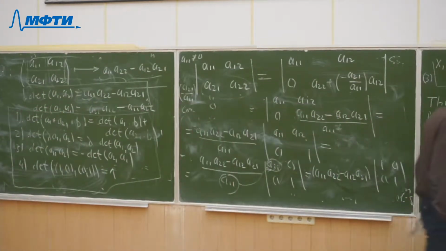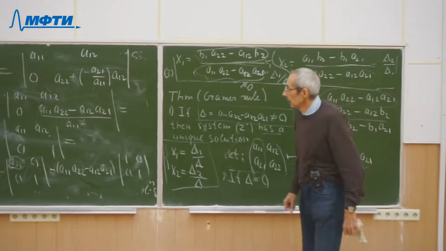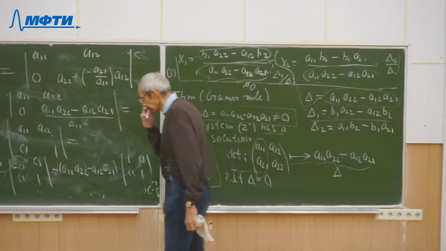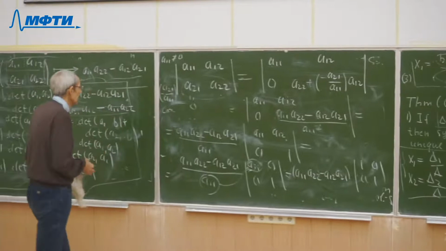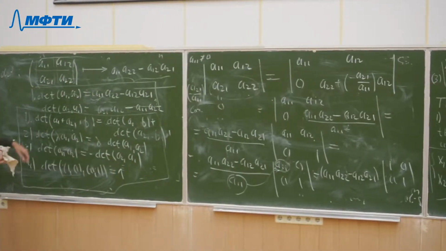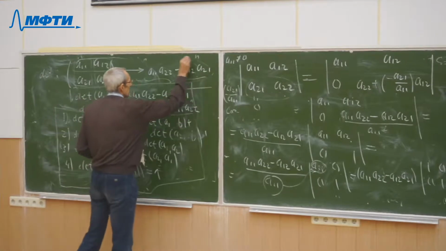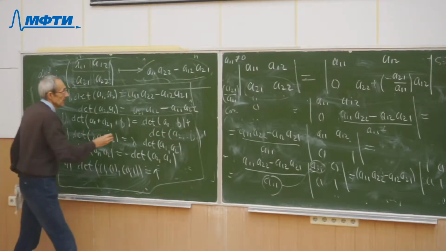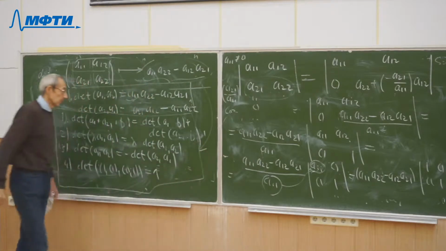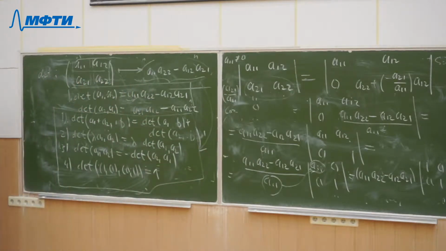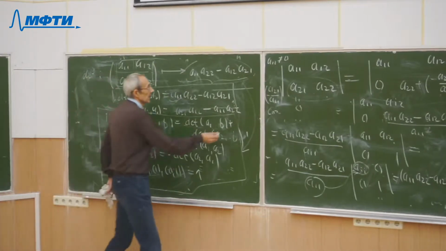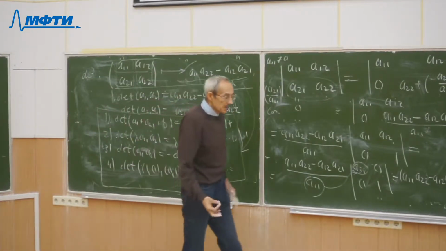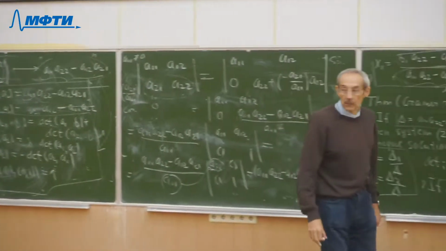And after that we can summarize the following two assertions. If we define the determinant by this formula, the determinant has the following four properties. And on the other side, if some function has the following properties, this function is defined by the following formula.